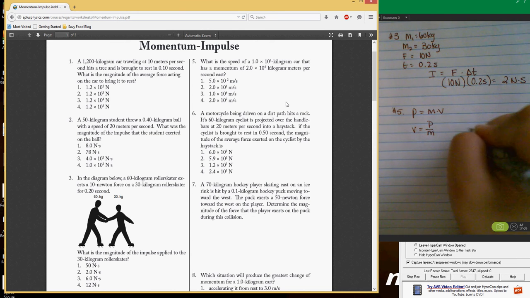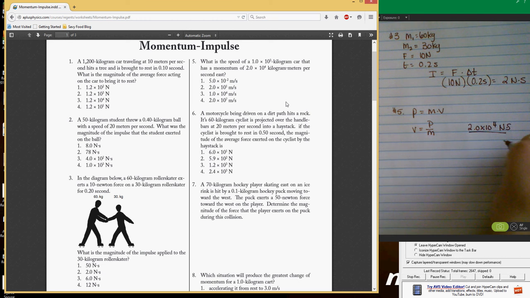So we know the momentum, which is given to us as 2.0 times 10 to the 4. And we also know what the mass is, which is given to us as 1.0 times 10 to the 3 kilograms. So velocity equals 2 times 10 to the first meters per second. So that's number 2.